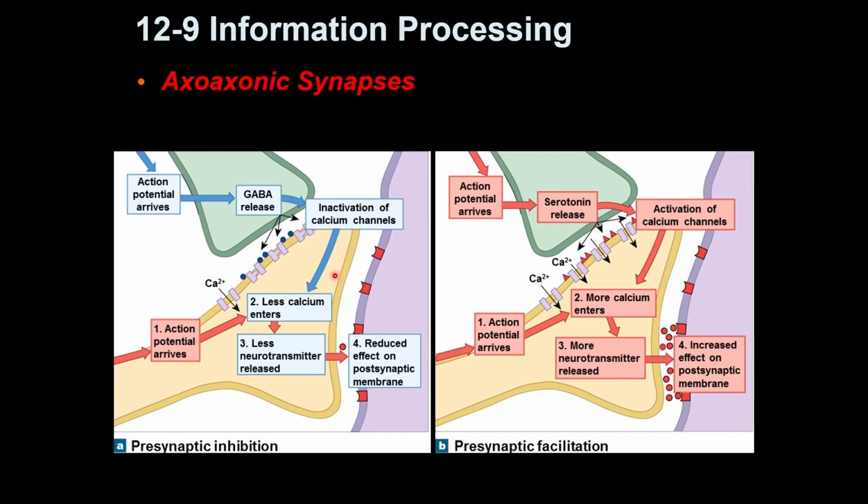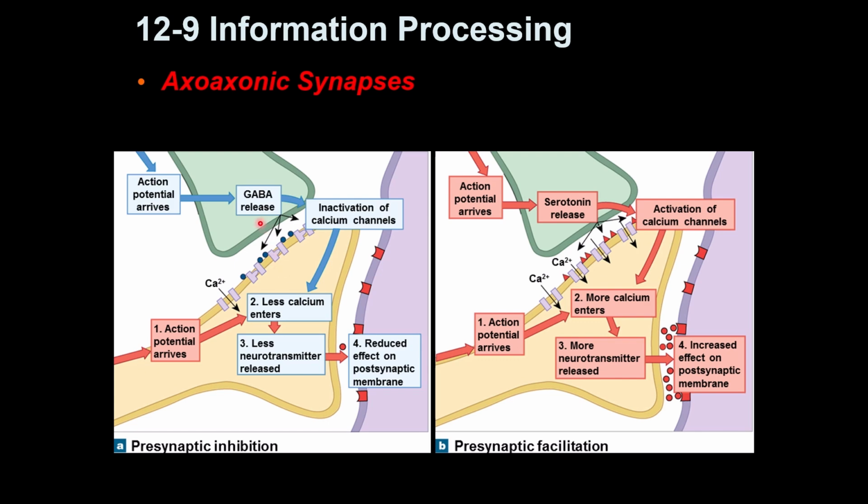Here you have one axon and it's connected with another cell, and that cell, depending on the location, can be a neuron, a muscle, or anything. But in this case, you have a third neuron, and that neuron will be affecting this neuron.